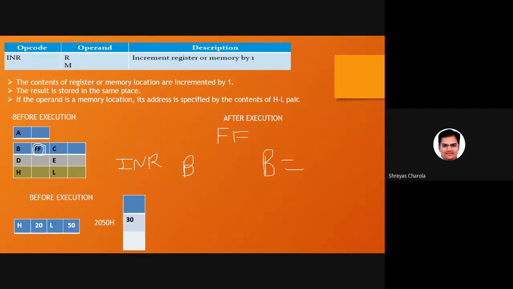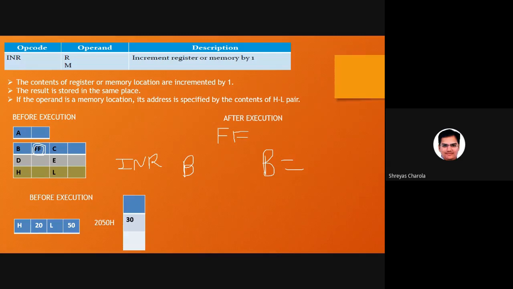How will it be 00, Arshit? After FF, what is the next number? Is 00 the next number? No. What do you mean by maybe?